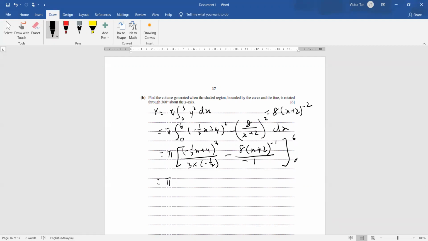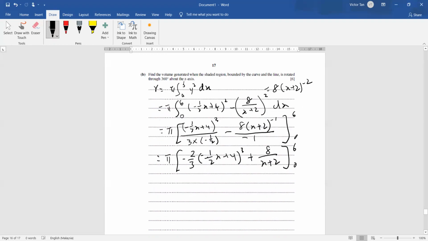Let's simplify. So 3 times minus half is minus 3 over 2, so this will be minus 2 over 3 (minus half x plus 4) cubed, minus 1 is plus 8 over (x plus 2).